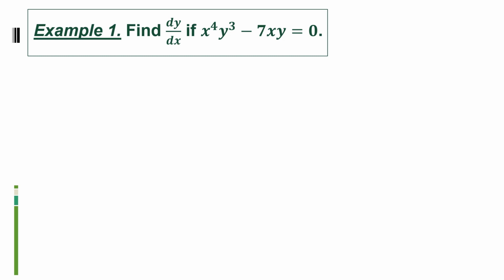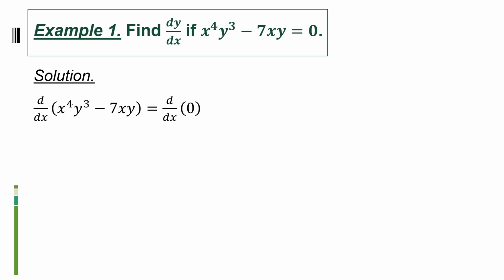Find dy over dx if x raised to 4 y cubed minus 7xy is equal to 0. So, ang gagawin lang natin dito, i-differentiate natin yung left-hand side at yung right-hand side. So, that is d of x raised to 4y cubed minus 7xy over dx equals d of 0 over dx.